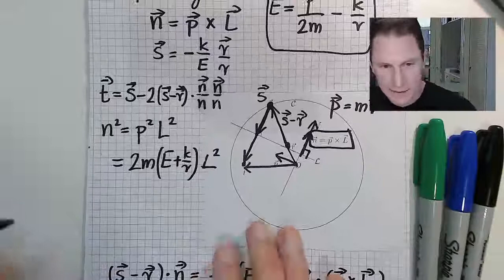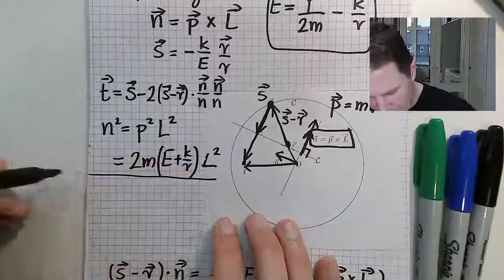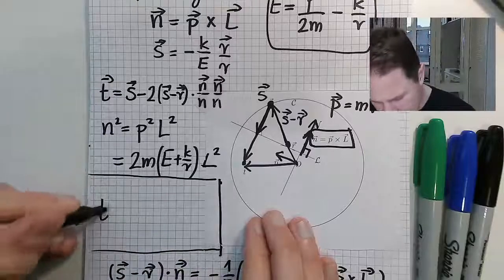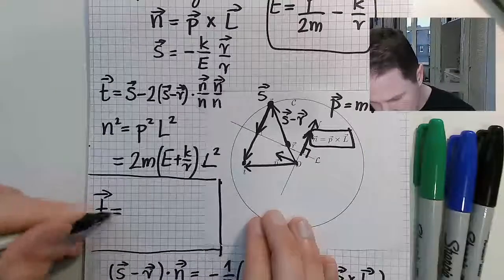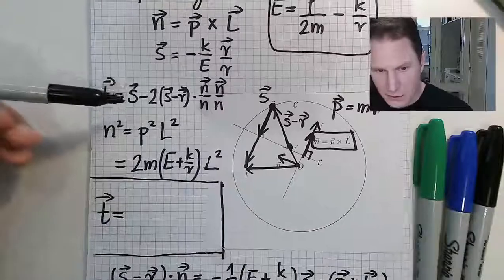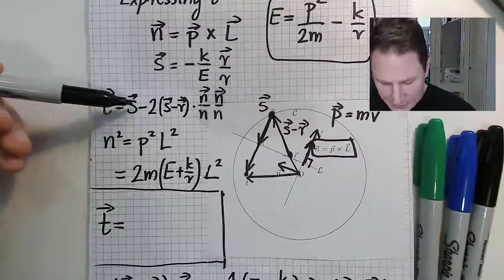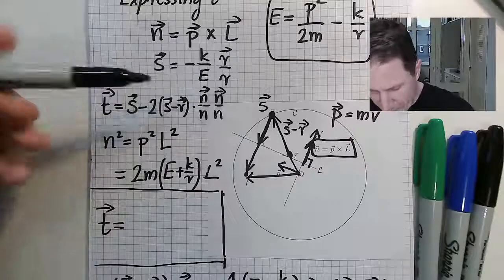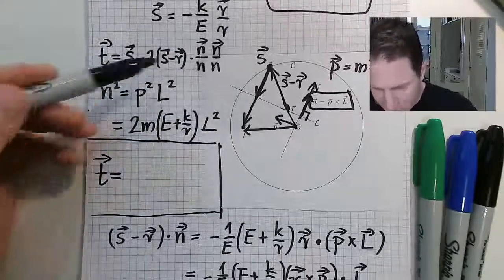So in the end, in summary, if we put everything together, this vector t is going to be expressed as s minus twice this vector. Now we know what this vector is.